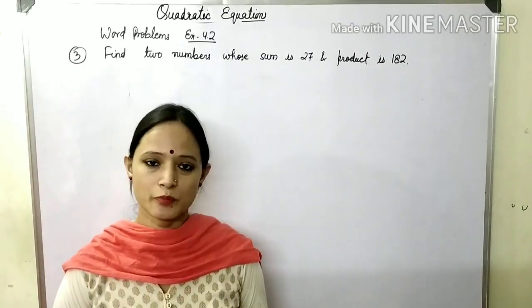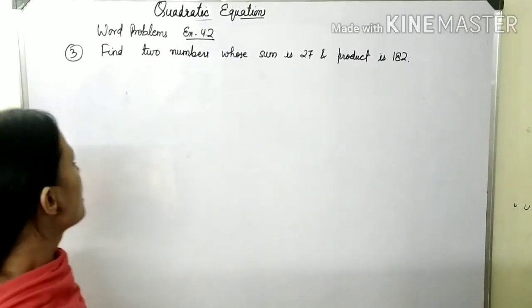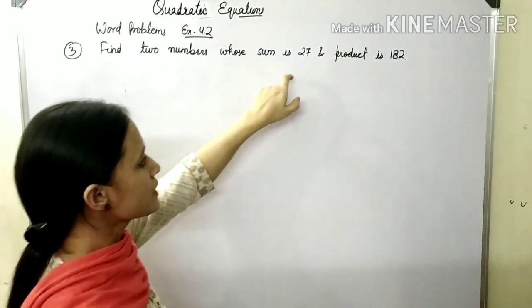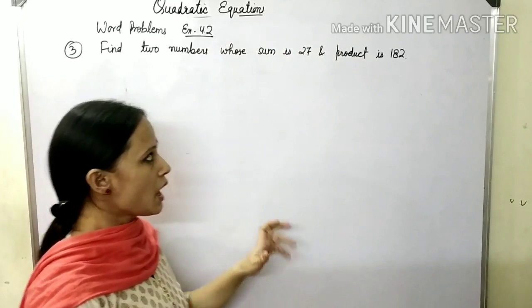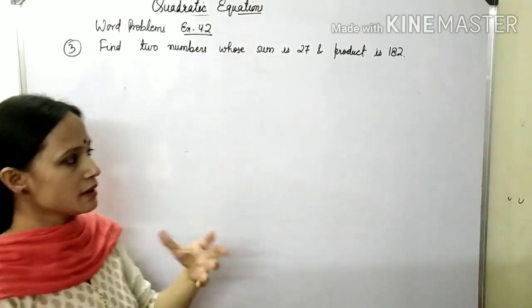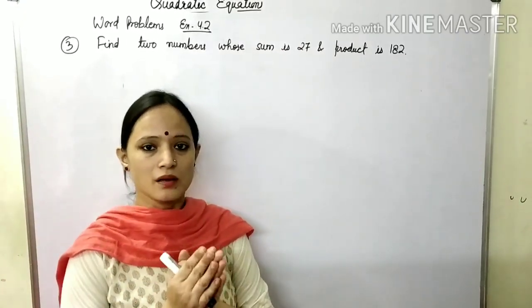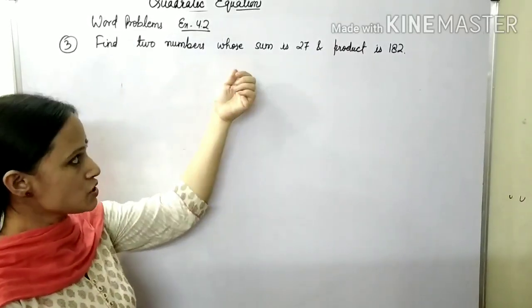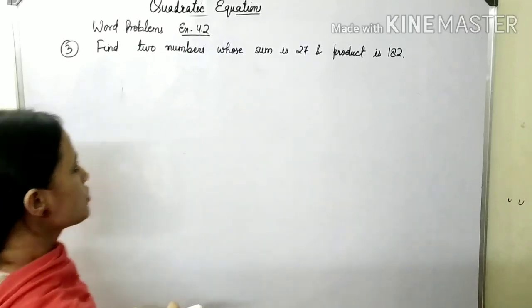Next I am taking the word problems of exercise 4.2. Question number 3. Find two numbers whose sum is 27 and product is 182. I'll show you this question by two methods. One which I used to follow in linear equations, and the other which I am following for the quadratic equation. So let us see.